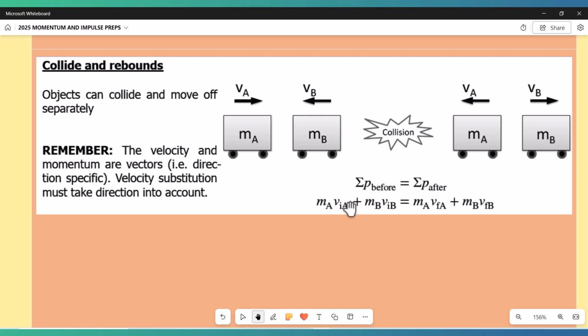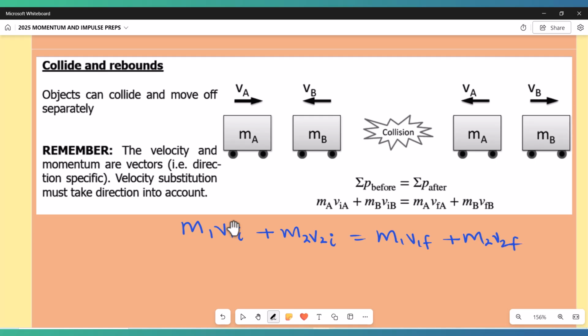Note that by the conservation of momentum, total momentum before collision equals total momentum after collision. So the formula applies. In most cases we use m1 v1 initial plus m2 v2 initial, if there are only two, equals m1 v1 final plus m2 v2 final.